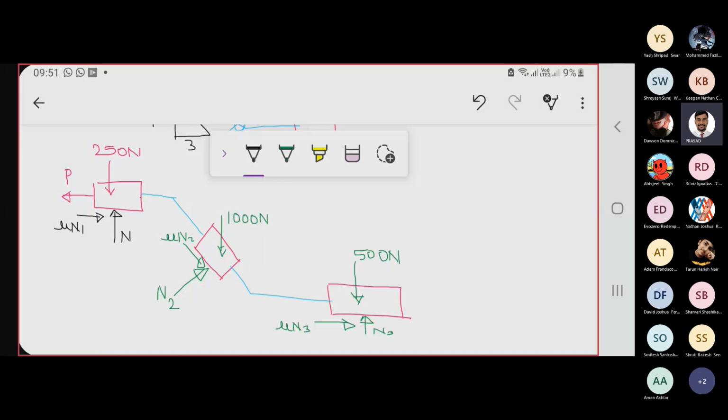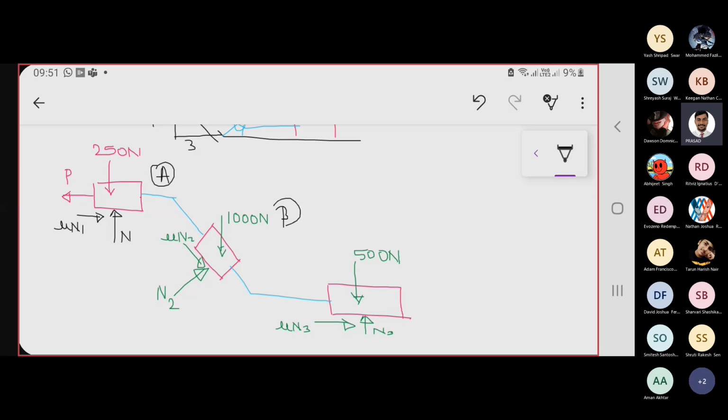How to find out N1, N2, N3? What you have to do is consider the bodies separately: body A, body B, body C. For body A, if you apply summation of Fy equal to 0, then automatically N1 is equal to 250.